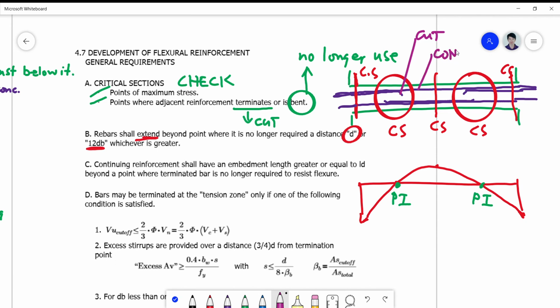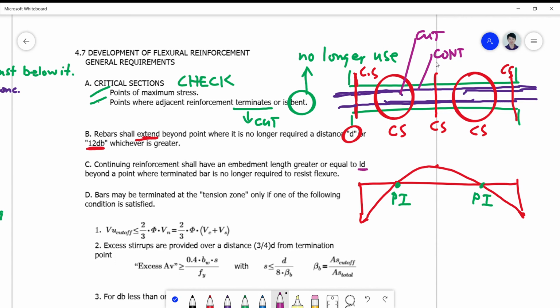Okay, so this is a terminated bar and a continued bar. So the continuous bar or reinforcement should have an embedment length which must be greater than the required length of development LD. Okay, so we have to check on this continued reinforcement.